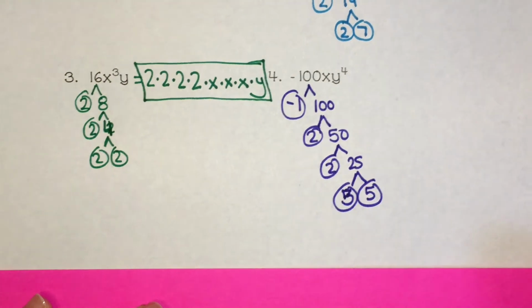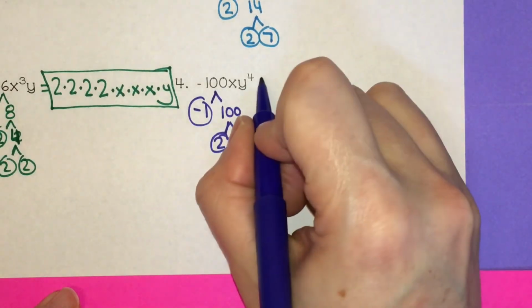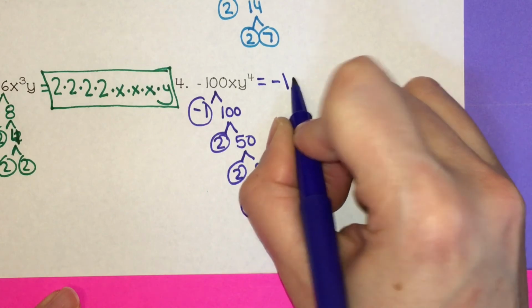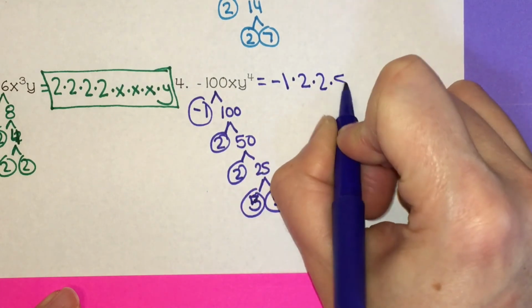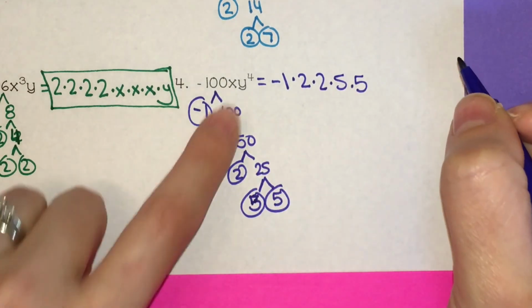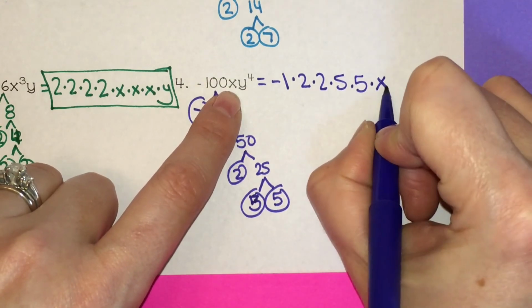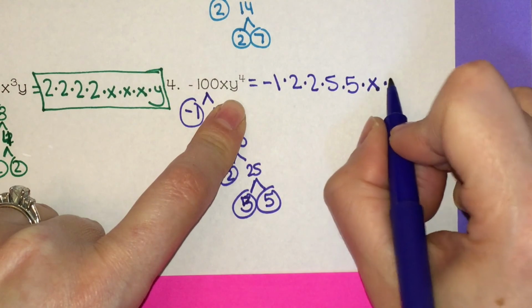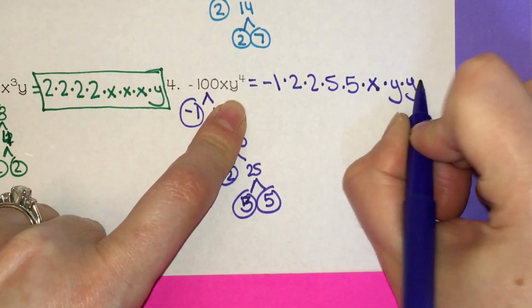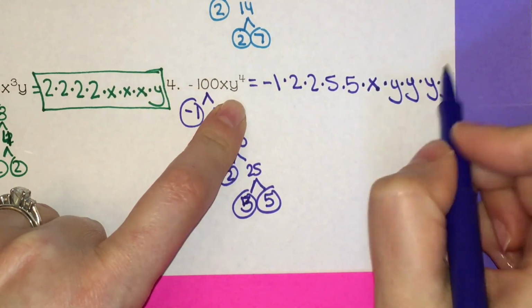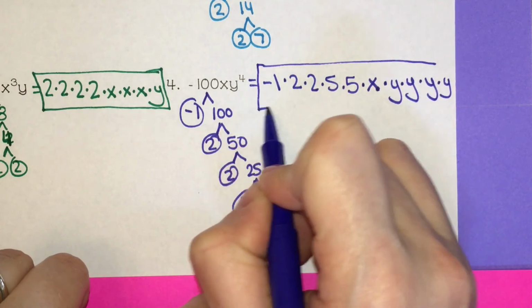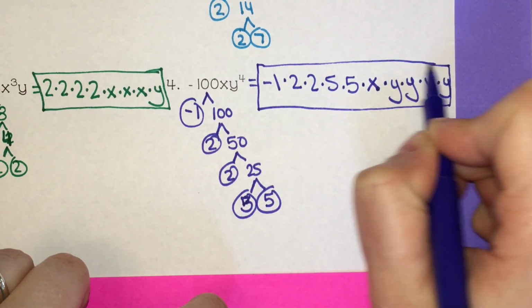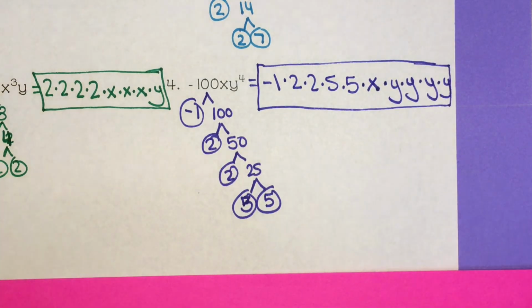All right, so I'm going to rewrite this as negative 1 times 2 times 2 times 5 multiplied by x, which is multiplied by y to the fourth, is y times itself 4 times. 1, 2, 3, 4. And that is negative 100 xy to the fourth factored.